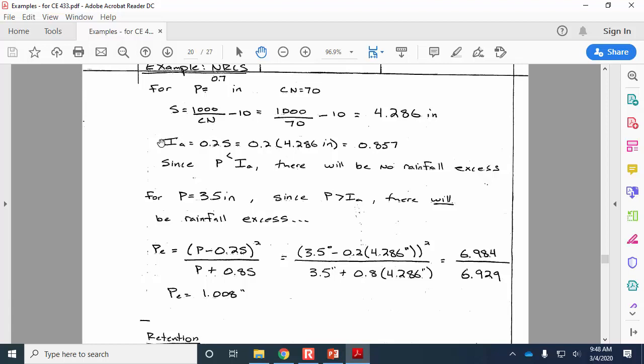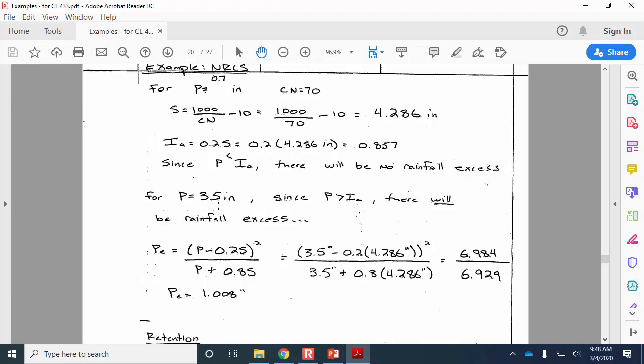And so the initial abstraction is going to be 20% of that. So since the initial abstraction has to be satisfied before there will be any excess, in this first case of 0.7 inches, there's not going to be any rainfall excess, which means there wouldn't be runoff. So any questions about that first part with 0.7 inches of rain?